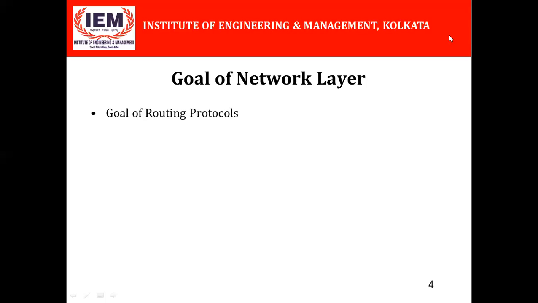and next to that, to decrease routing related overhead. This is under the routing protocol objective. But what is the meaning of this term, routing related overhead? Routing related information may contain anything, meaning what information may be there.